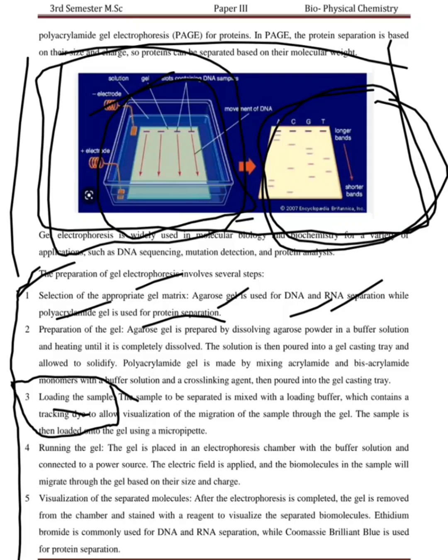Now lower bands, longer bands, shorter bands will come here. So depending on the colors, we are going to use different dyes. The samples to be separated are mixed with loading buffers, which contain a tracking dye to allow visualization of migration.